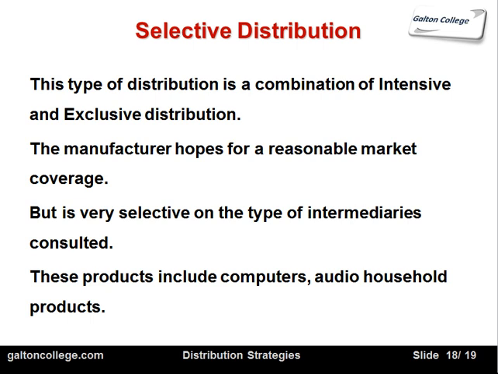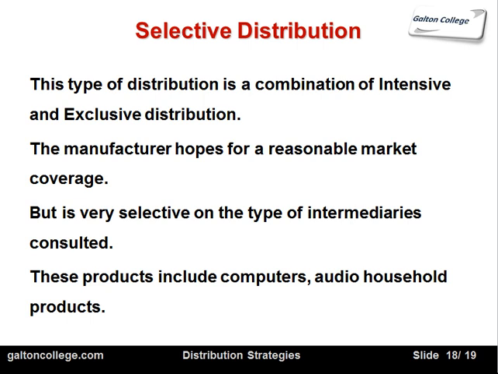There's a brand associated. At the same time, the computer is widely available, so it's selective distribution. And what it means is that the producer deals with certain intermediaries, certain agents or warehouses or outlets that intermediate between the producer and the final market and the final outlets.